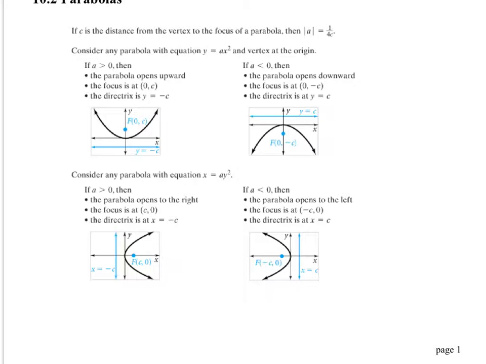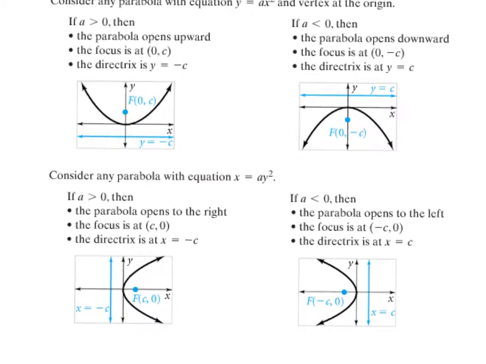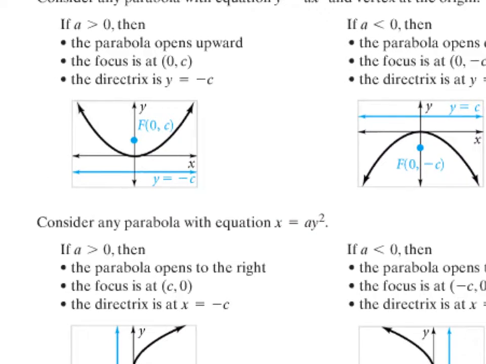So the definition of a parabola is the set of all points in a plane that are the same distance from a line, which we call the directrix, and a point not on the line, which we call the focus.